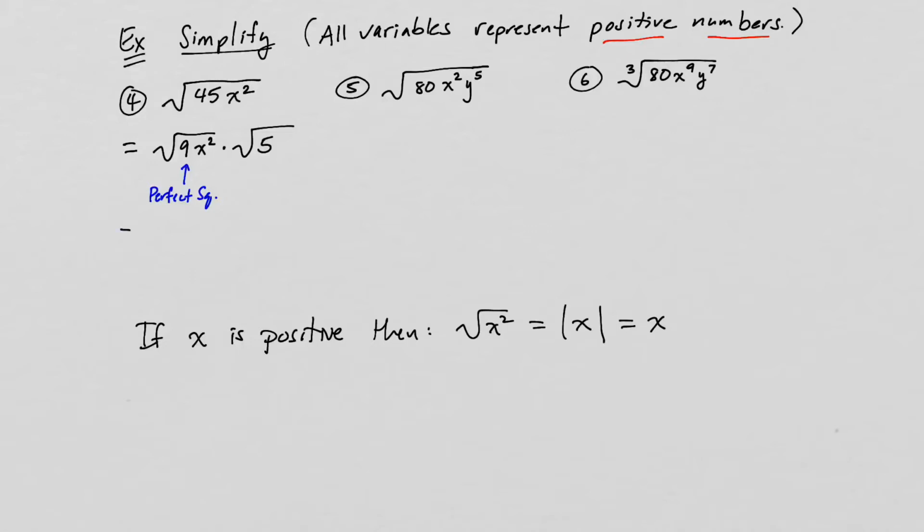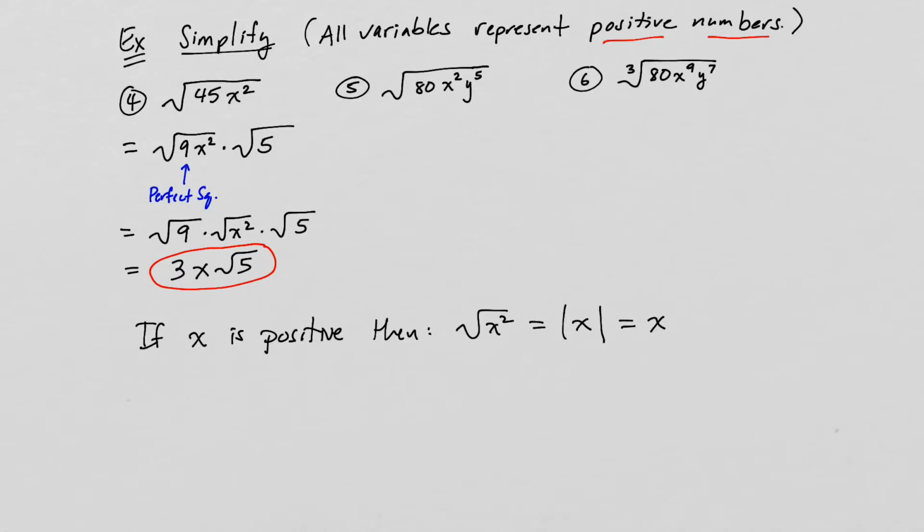This becomes the square root of 9x squared, broken down into the square root of 9 times the square root of x squared, and then times the square root of 5. You all know the square root of 9 is 3. The square root of x squared is x because variables represent positive numbers, and then we have the square root of 5. So the simplified version of this radical is 3x radical 5.